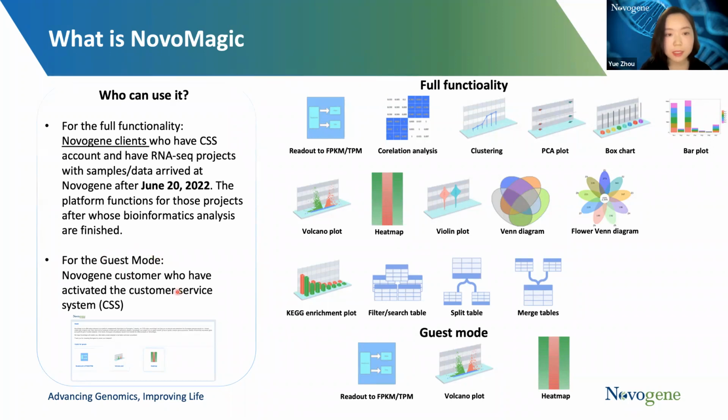Whereas the guest mode is easier, it's just for Novogene customers who have already activated the customer service system. So if you have any doubts about whether you can use it, please do not hesitate to ask questions and we will be very happy to help you.